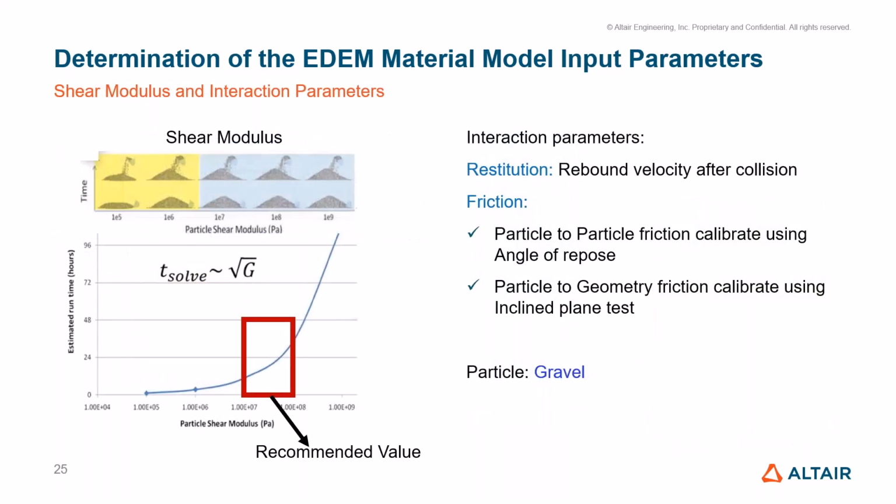How to choose the shear modulus? This graph is plotted as shear modulus versus computational time. If the shear modulus is 1e⁵, the computational time is very low, and if the shear modulus is 1e⁶, the computational time comparatively increases.